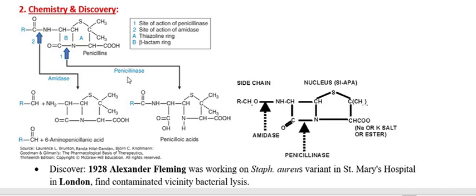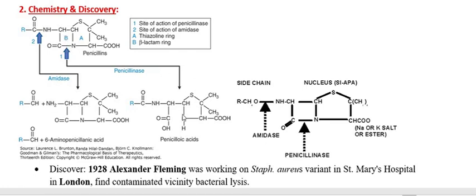So penicillinase is the enzyme produced by the resistant bacteria, and it acts on the beta lactam ring of the penicillin and breaks it down.